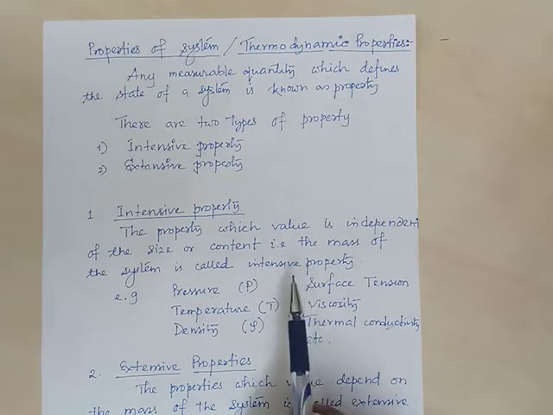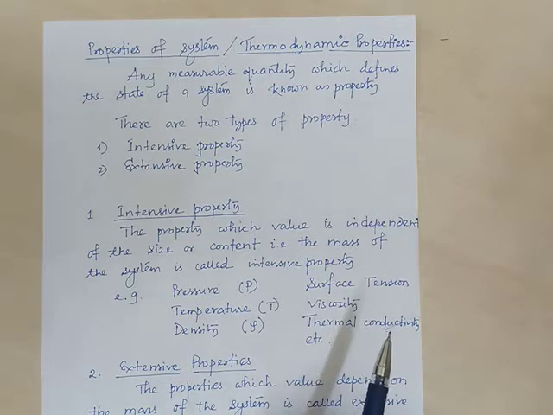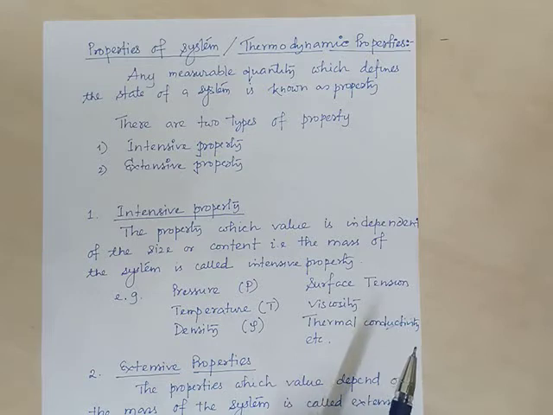Because these properties are independent of mass, when the system collapses to a point, the value of these properties does not change, or in other words, they will reach some finite value. So pressure, temperature, density, all these intensive properties are defined at a particular point.